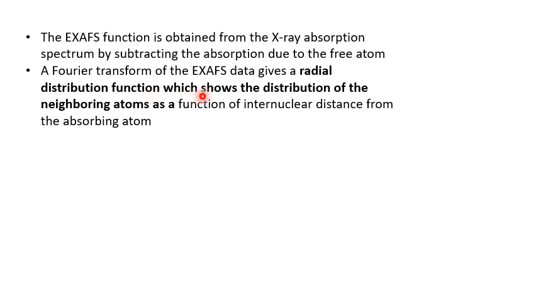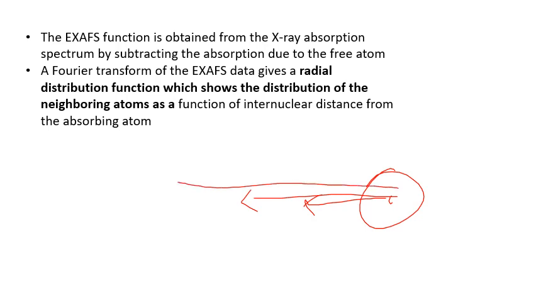The radial distribution function shows the distribution of neighboring atoms as a function of internuclear distance from the absorbing atom. For example, this is the absorbing atom, so it shows the internuclear distance from the other neighboring atoms. For example, here are neighboring atoms. So this is the radial distribution function.